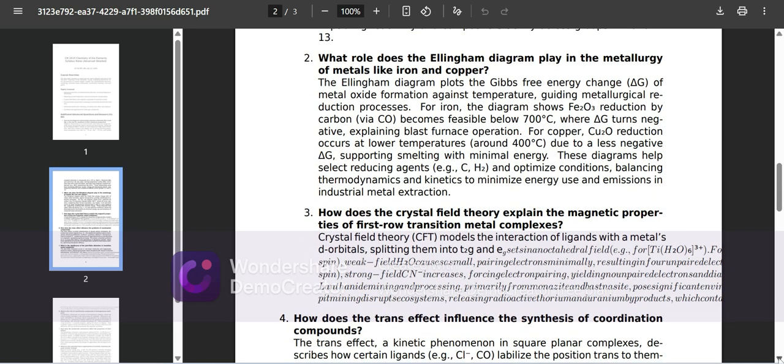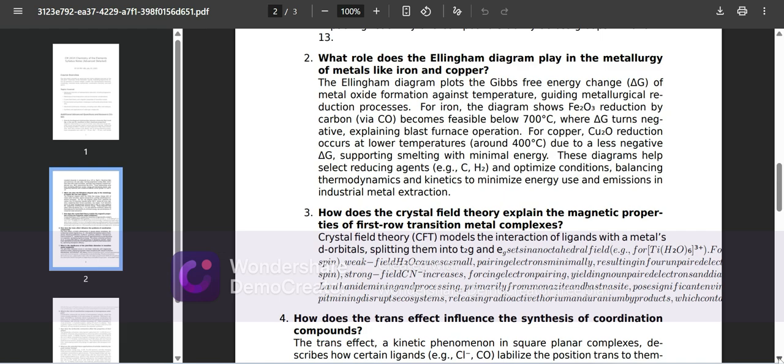What role does the Ellingham diagram play in the metallurgy of metals like iron and copper? The Ellingham diagram plots the Gibbs free energy change, delta G, of metal oxide formation against temperature, guiding metallurgical reduction processes.